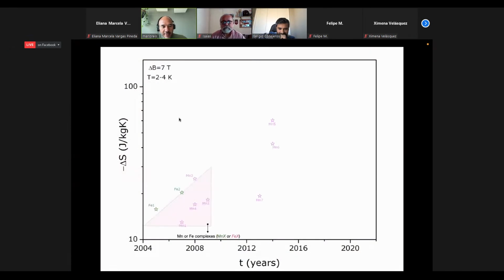Here are the magnetic entropy changes for only transition metals. You can see here that the average value is around 20 or around here. And you can see there is one result here that's quite above.